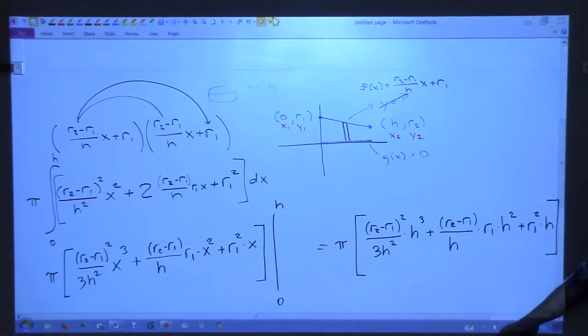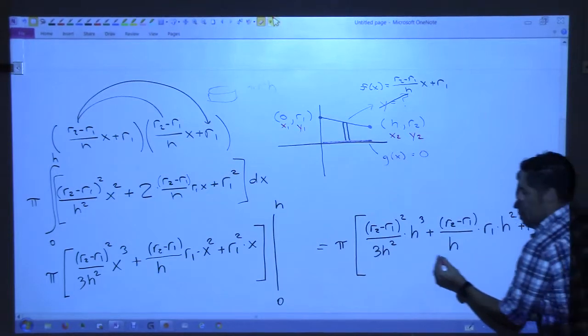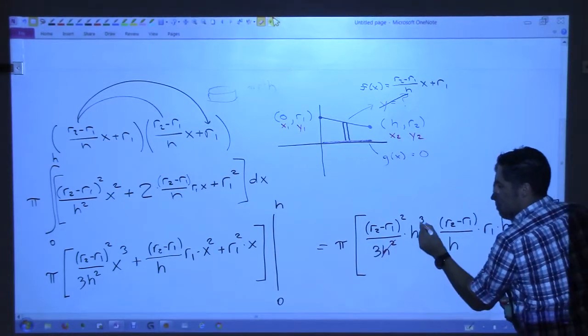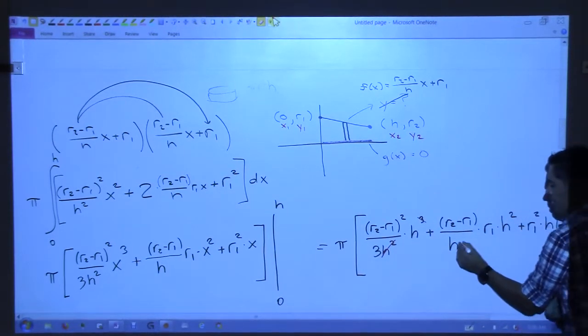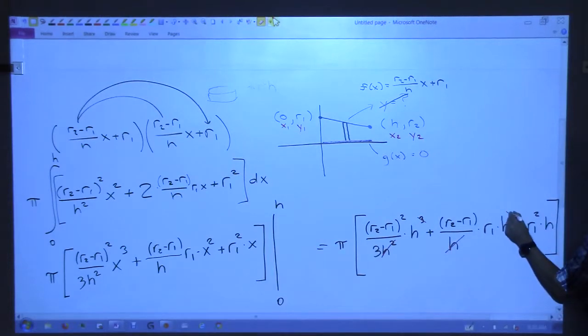And some pretty cool stuff's about to happen. This h squared is going to turn this into just h, right? This h is going to turn this into just h, isn't it? So every single term has an h, doesn't it? Every term has a single h in it.